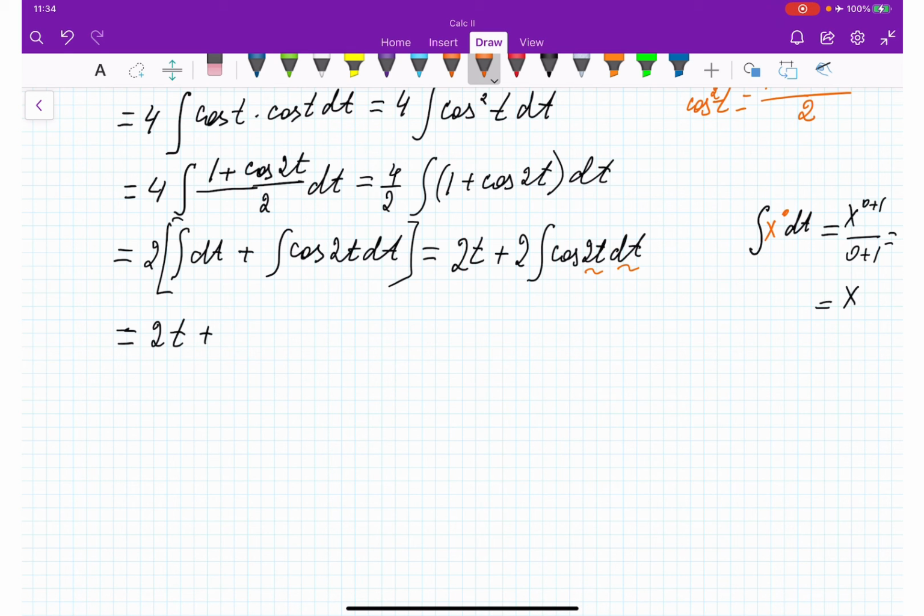So either I have to bring cosine 2t to cosine 1t, or dt to 2 dt. It's easier to bring this dt to d2t, because I have these two here, right? Look what I'm doing. It's a beautiful manipulation.